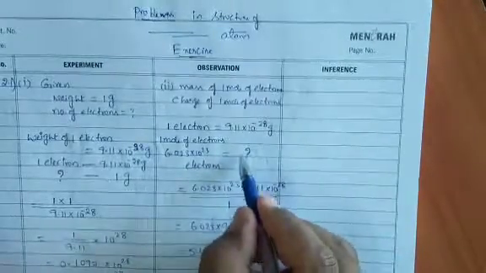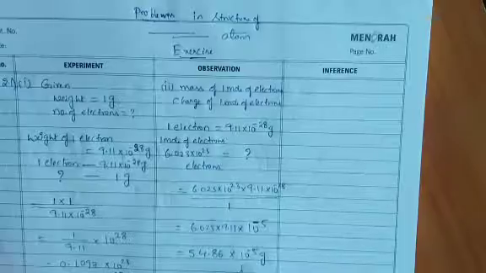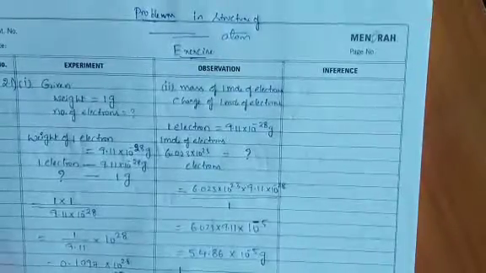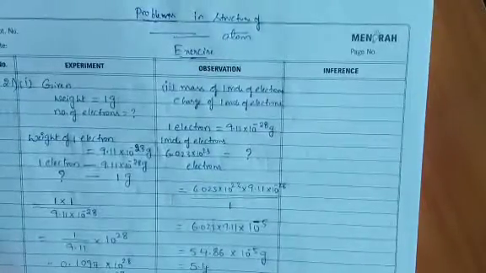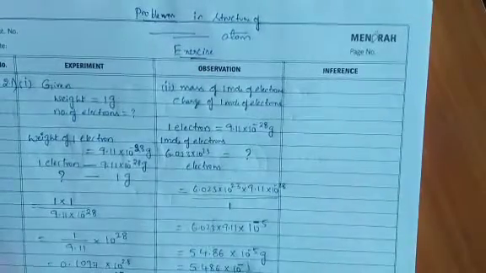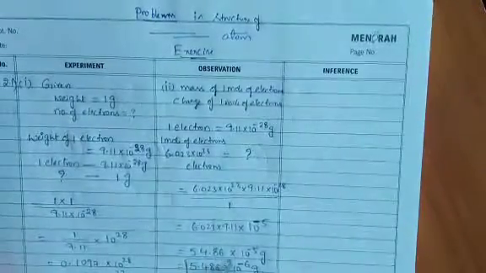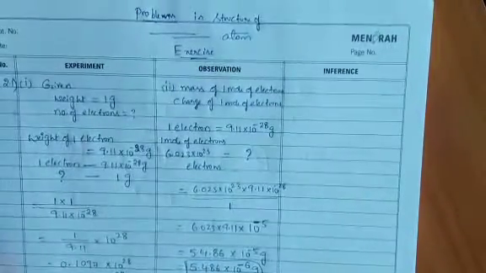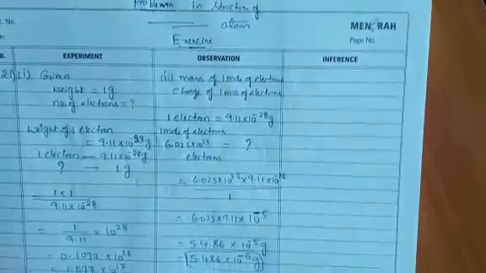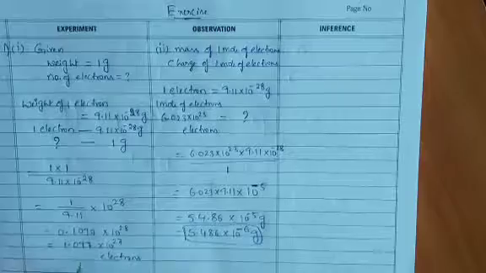So the answer also we will get in grams only. 54.86 into 10 power minus 5 grams. This can be written as 5.486 into 10 power minus 6 grams. This is the second answer, 5.486 into 10 power minus 6 grams. This is the first answer.